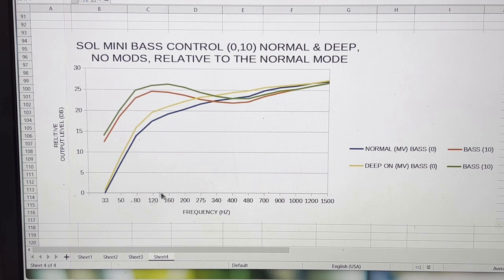So in this graph, we have an unmodded SLO Mini. And what it shows here, in the normal mode, we have this blue line, when bass is at 0. And then when we turn the bass to 10, it goes up in gain, and there's our red line. The yellow line is with the deep switch on, and this is 0 bass, and then the green one is the corresponding bass at 10.